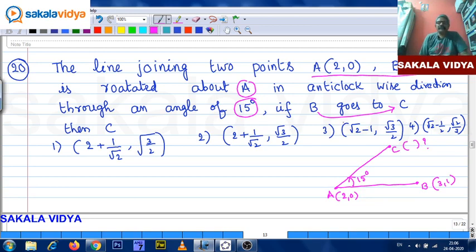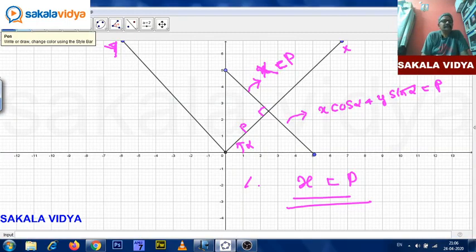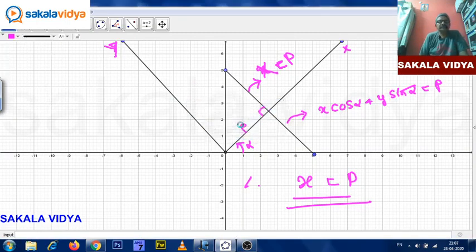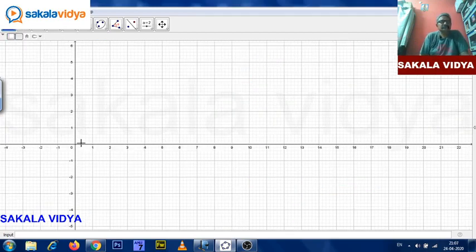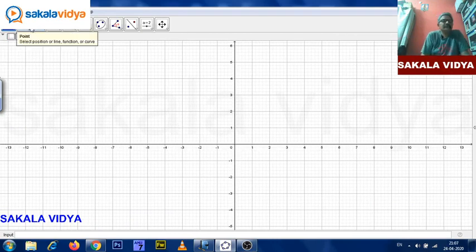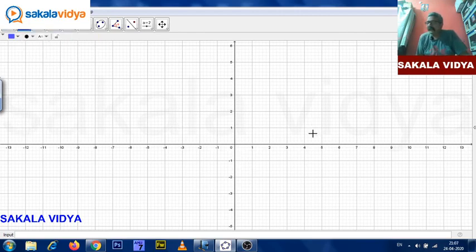So now this can be explained better with the help of this one. See what are the coordinates here? A (2, 0) means it lies on the x axis. So next point is (3, 1). (3, 1) means here only. Okay.